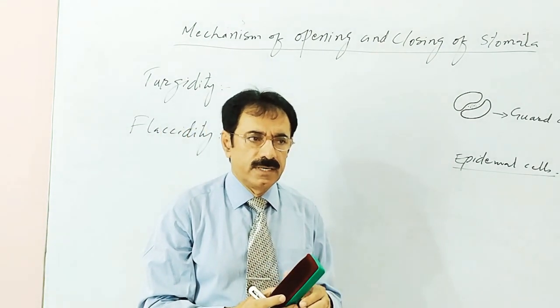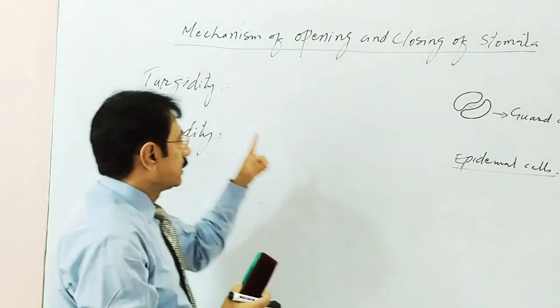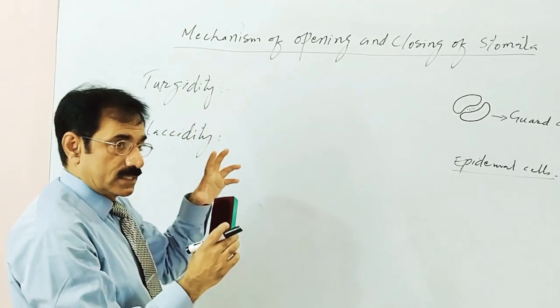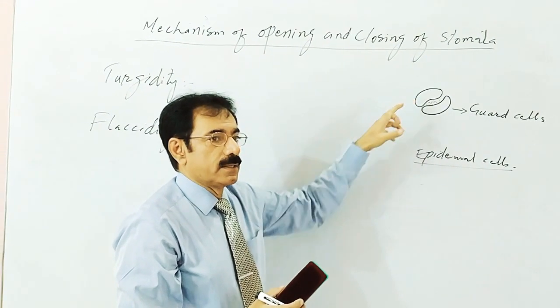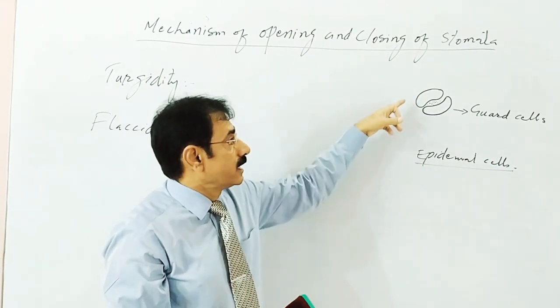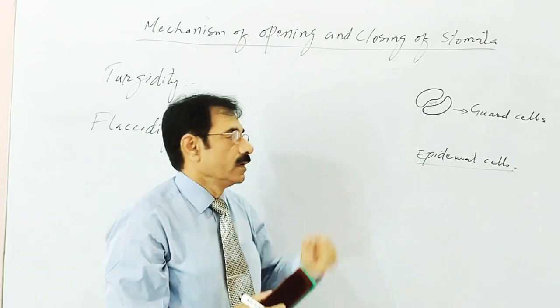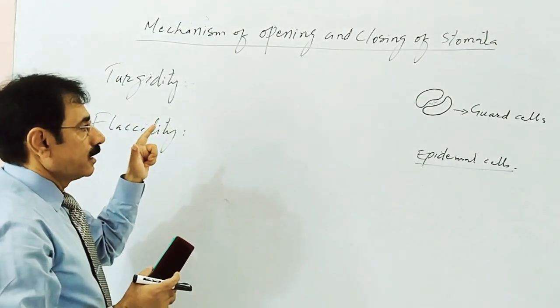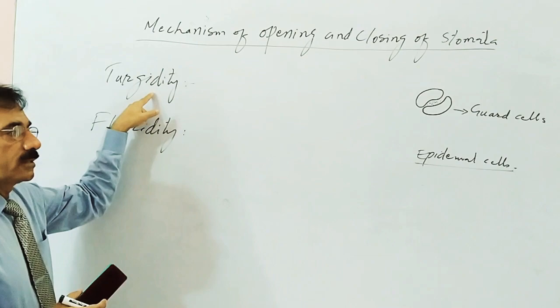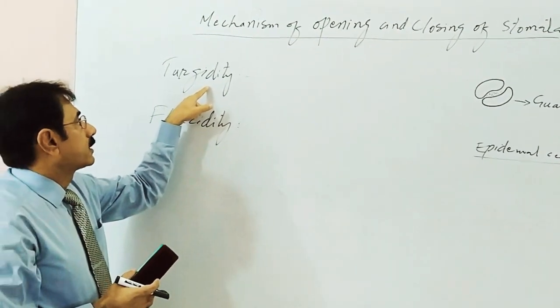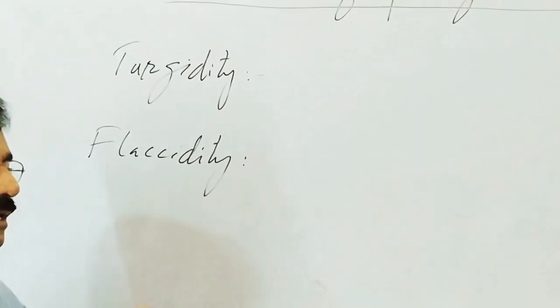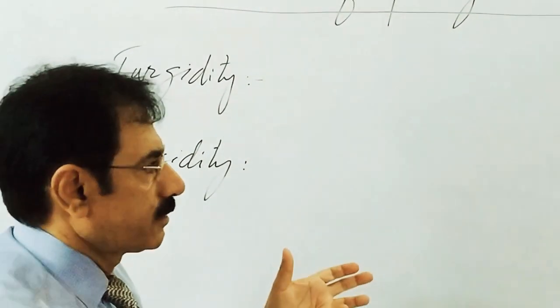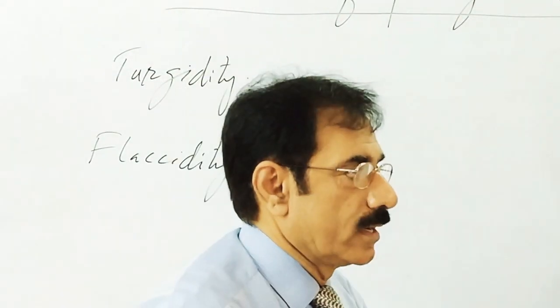This fully distended condition is called turgidity, and the cell itself is called a turgid cell, and the pressure developed inside the cell is turgor pressure. The opening and closing depend upon this turgidity. Turgidity develops when the guard cell absorbs water, resulting in the opening.